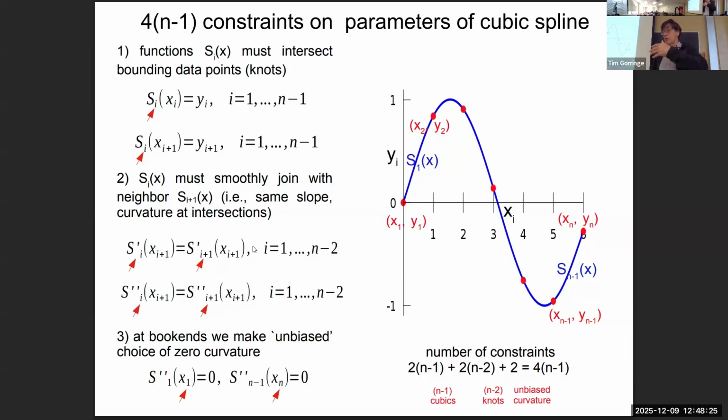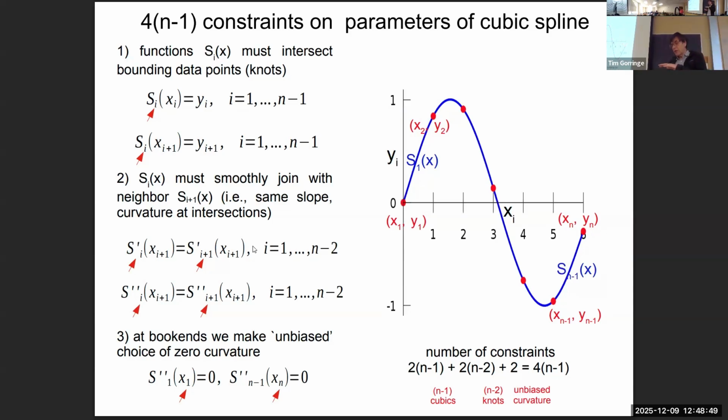So one more constraint comes from setting the slopes, or the first order differentials of the cubics on either side of a data point, to be equal to one another. And that's going to produce a number of constraints.